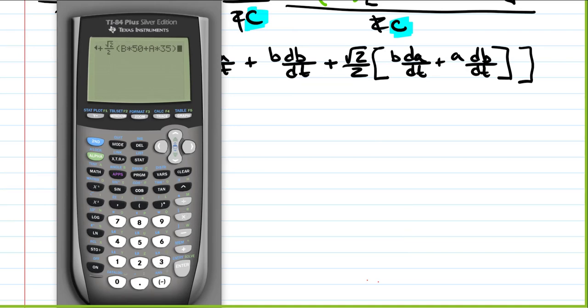We then close our parentheses, close our second set of parentheses, and we press enter.